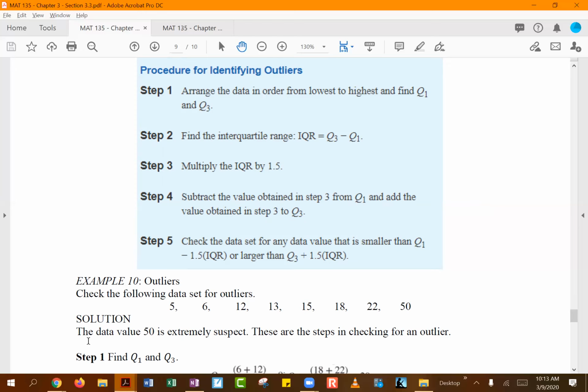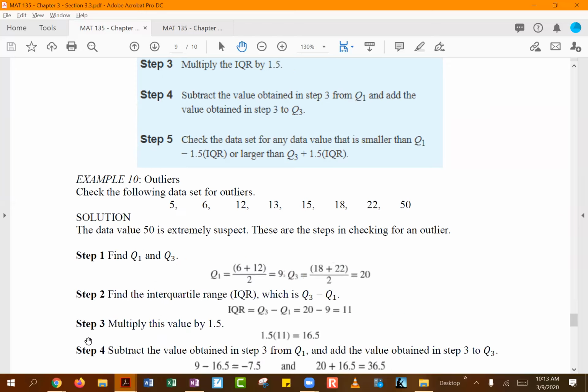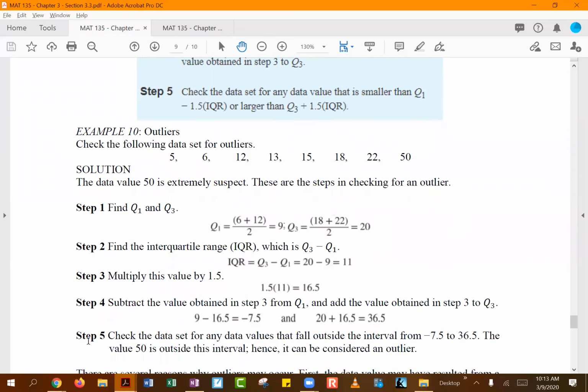So looking at this set here, we're going from 5 all the way to 50, and you can see that breakdown. Quartile 1 and quartile 3 are 9 and 20 respectively. Your interquartile range comes out to be 11. Multiply that 11 by 1.5, you get 16.5.